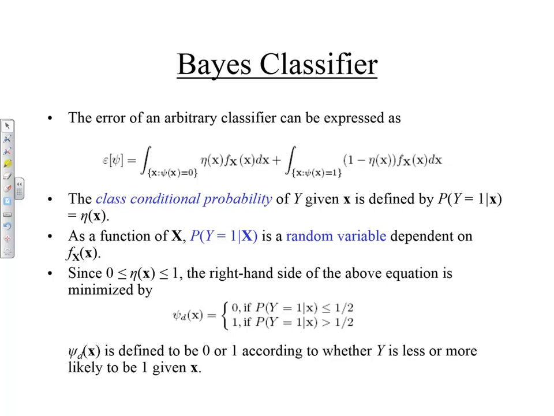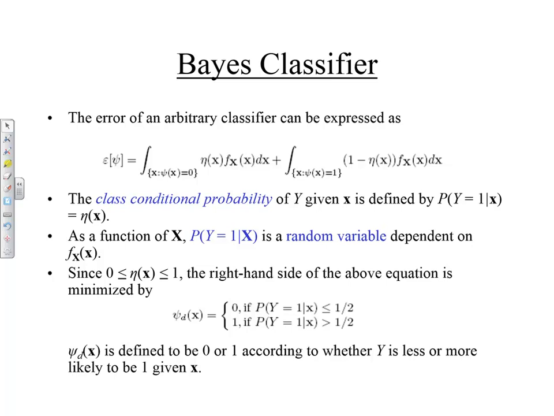So notice here you have eta x, here you have 1 minus eta x, right? So since eta x lies between 0 and 1, what do I have to do? If you're trying to minimize, if eta x lies between 0 and 1, okay, half is like the deciding value, right? One of these will be greater than half, the other one will be less than half, right?